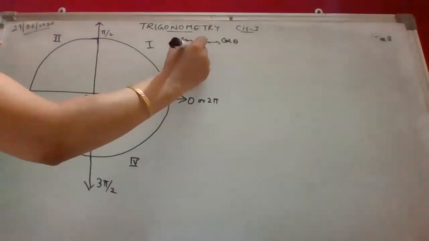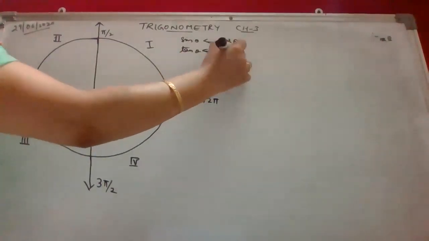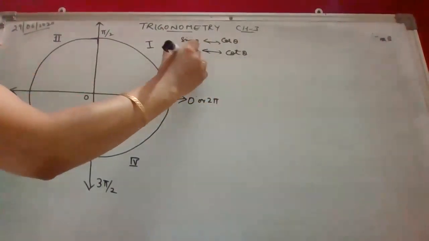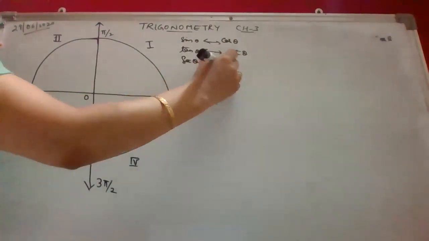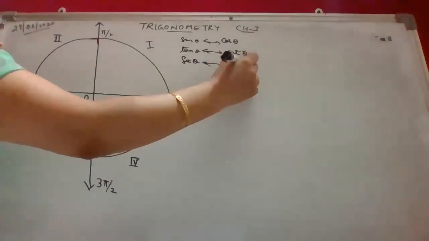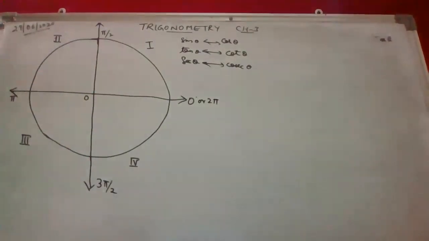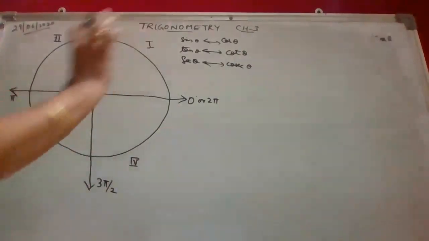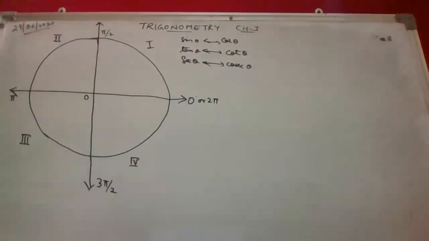Tan theta changes to cot theta and sec theta changes to cosec theta and vice versa. So remember, sin theta and cos theta interchange with each other, tan theta interchanges with cot theta and sec theta interchanges with cosec theta.